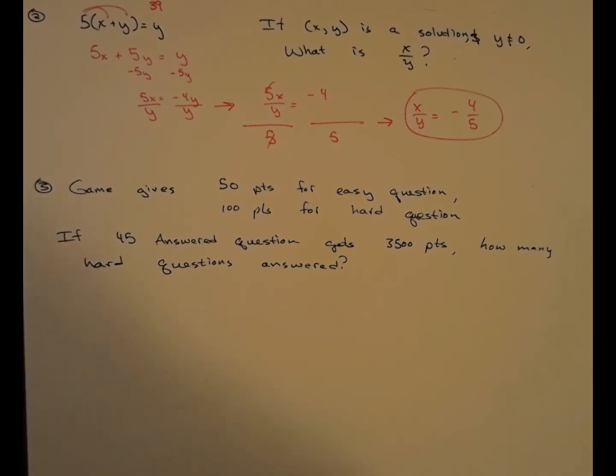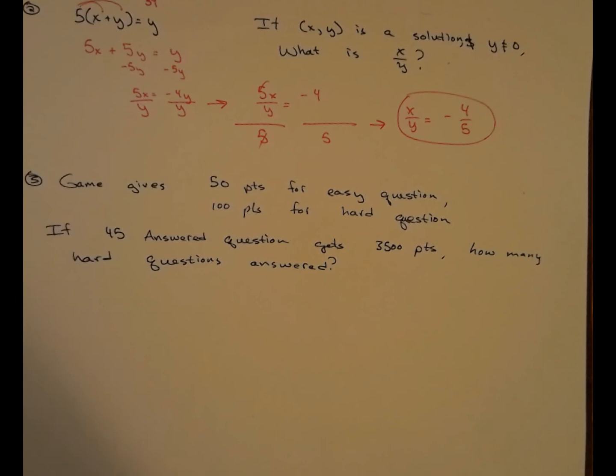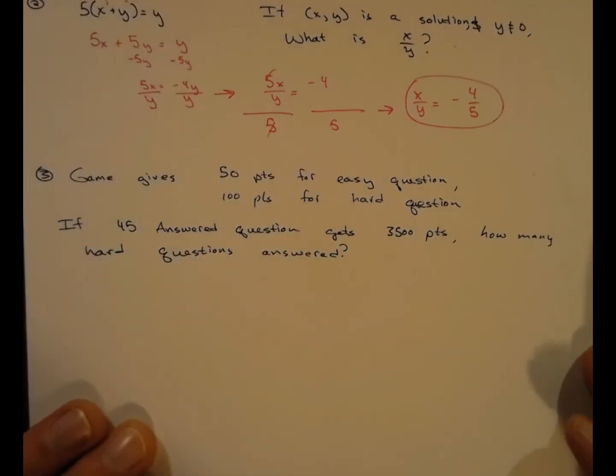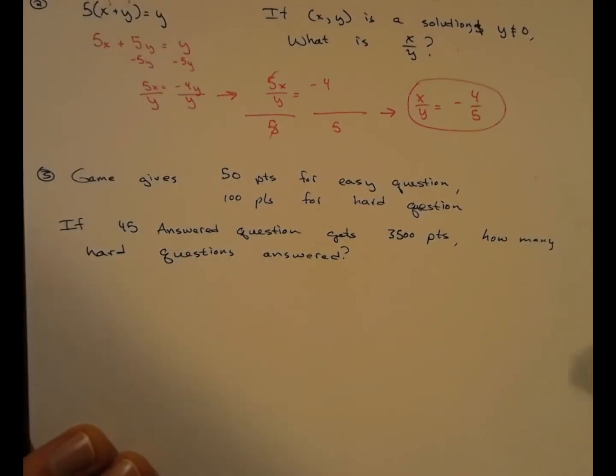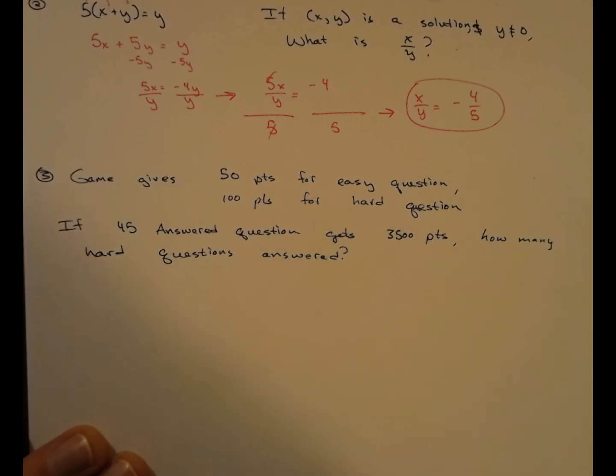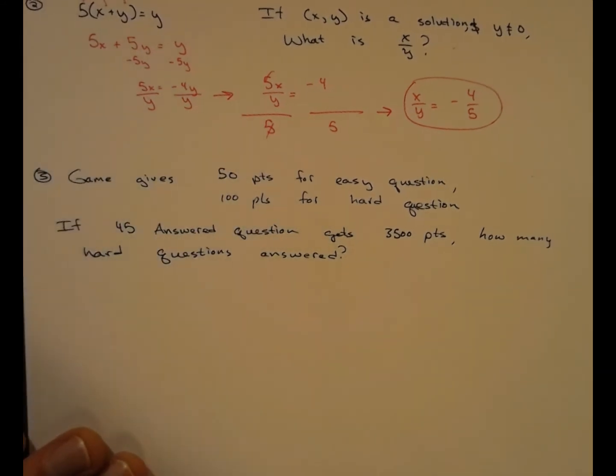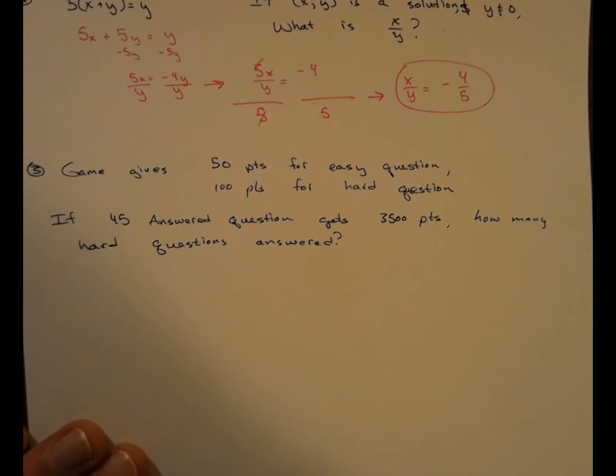Anyways, there's some game, and the game gives you some points. There are two types of questions, easy questions and hard questions. You get 50 points for answering an easy question, 100 points for answering a hard question. If 45 questions are answered and we have a score of 3,500 points, how many hard questions were answered?